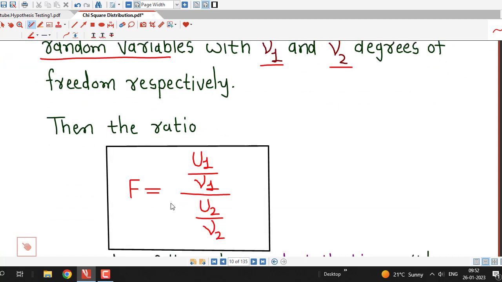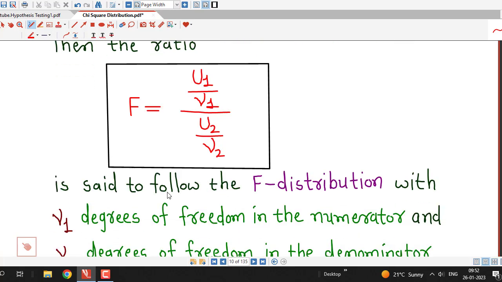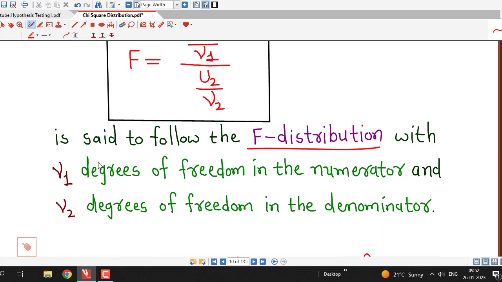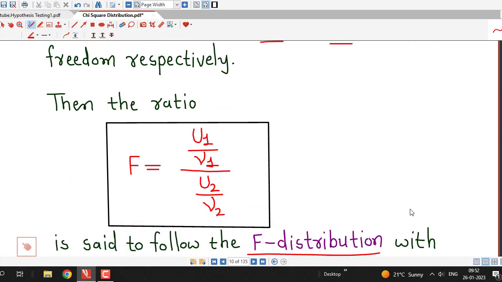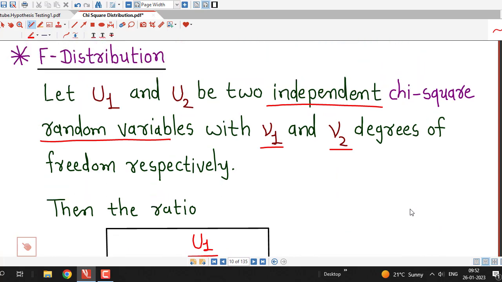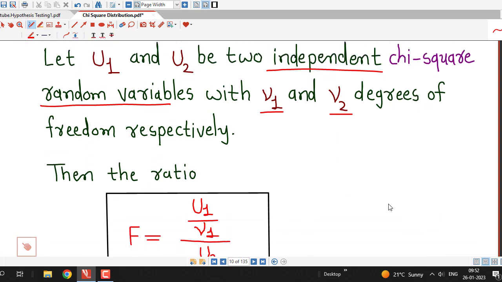Then the ratio F equals U1 divided by nu1, divided by U2 divided by nu2. This ratio is said to follow the F distribution with nu1 degrees of freedom in the numerator and nu2 degrees of freedom in the denominator.